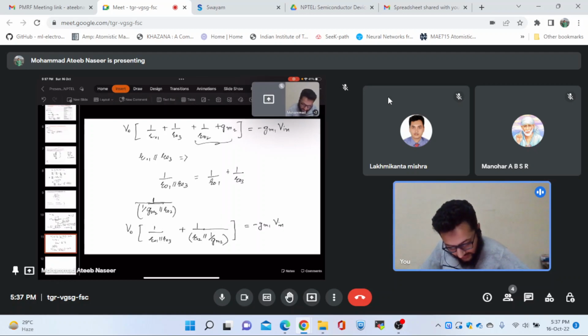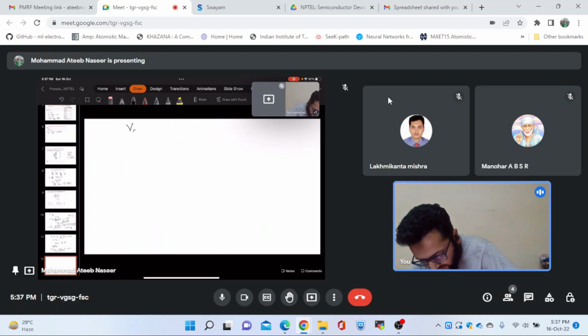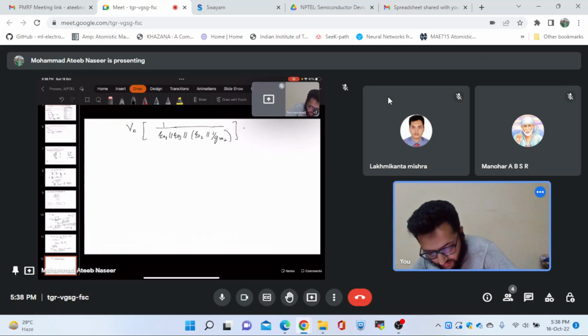Now these two are in parallel combination, as we can clearly see, the same way we have been writing two resistors in parallel. It would mean that V naught by (R naught1 parallel R naught3 parallel R naught2 parallel 1/gm2) is minus gm1 V in.